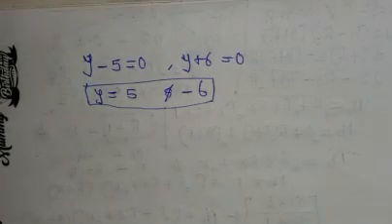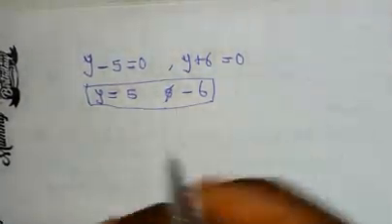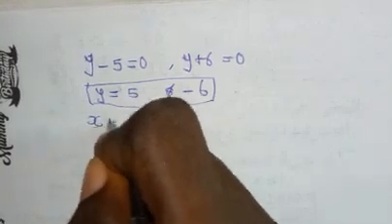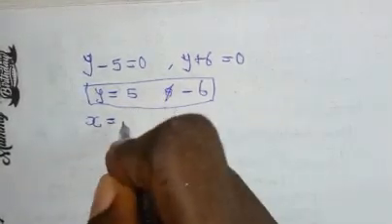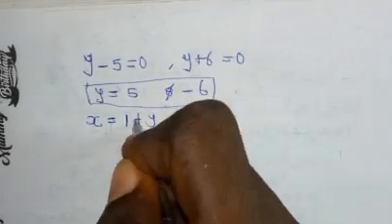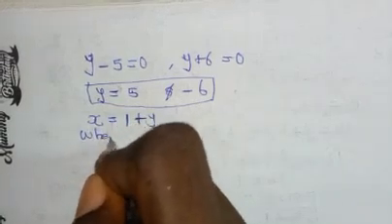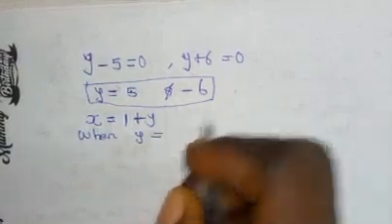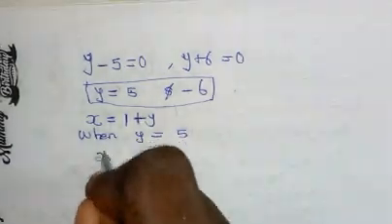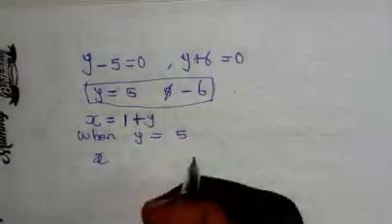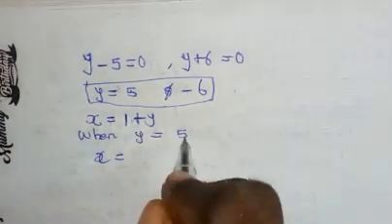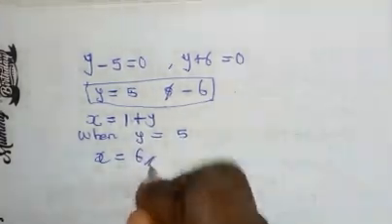So since we have gotten this for y, and don't forget, before when we were solving, we said x is equal to 1 plus y. So let's substitute this for x. When y is equal to 5, x is equal to 1 plus 5, which is 6.